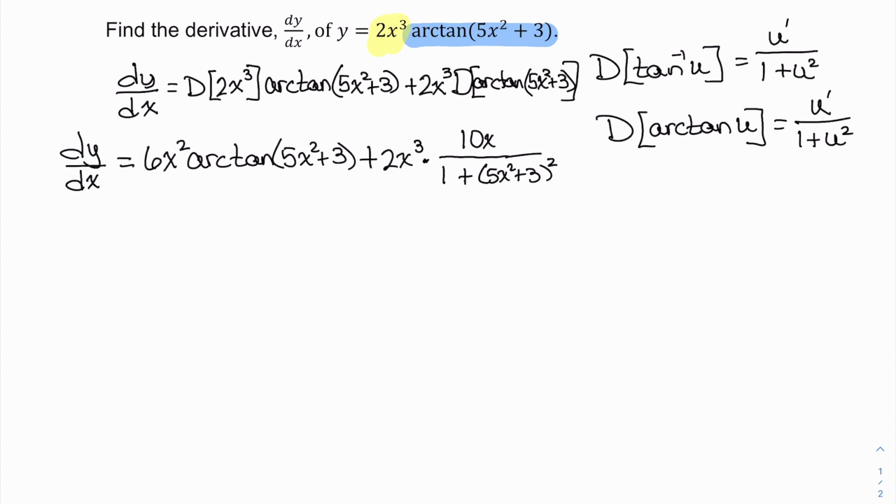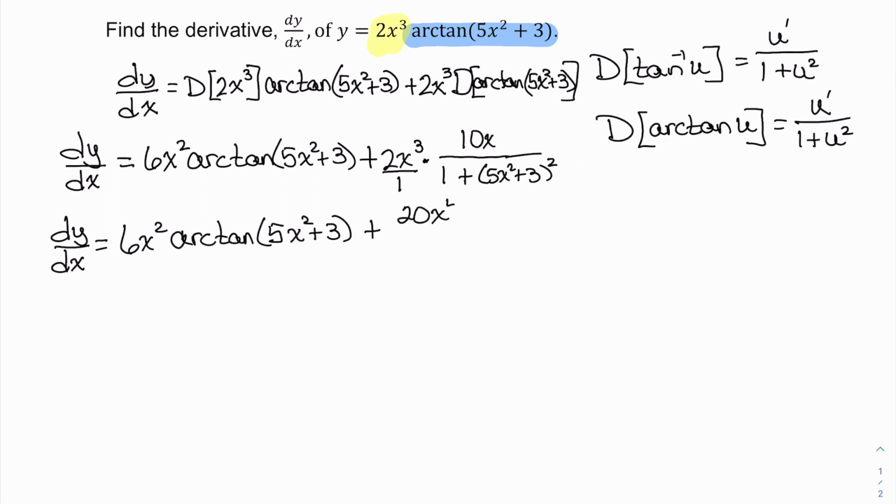Now there's some simplification that we can do with this. We have our dy dx is equal to our 6x squared arctan of 5x squared plus 3, and then plus that 2x cubed is over 1, so that gives me 20x to the fourth in the numerator.